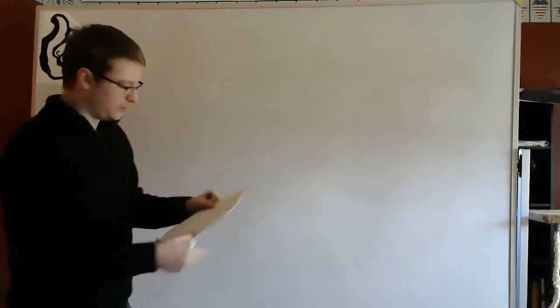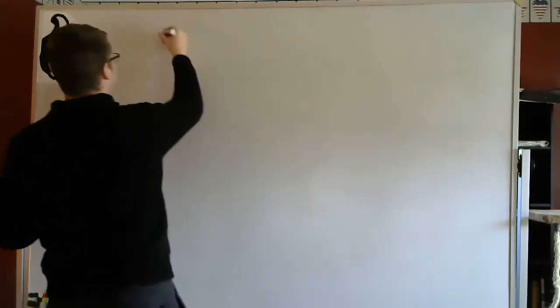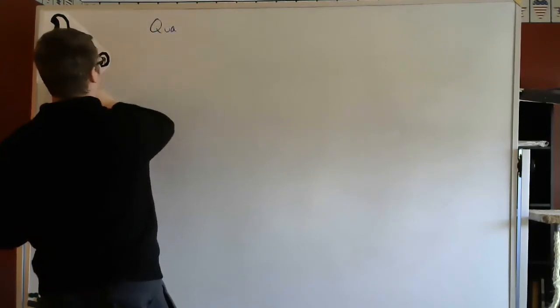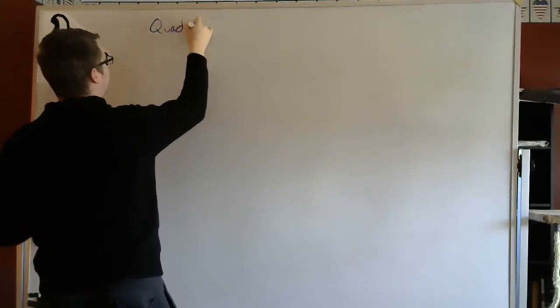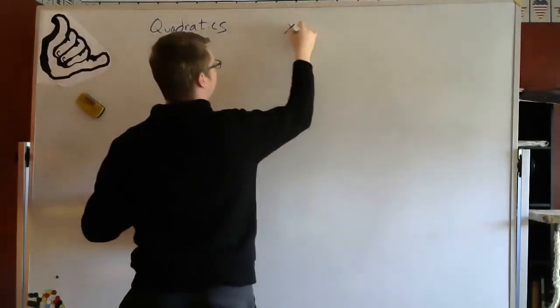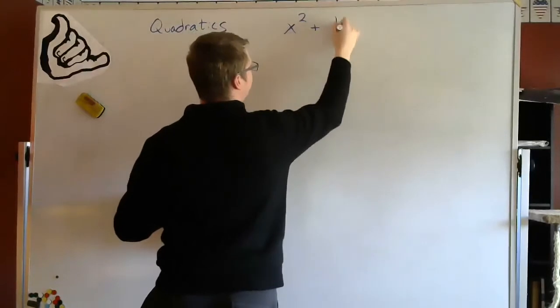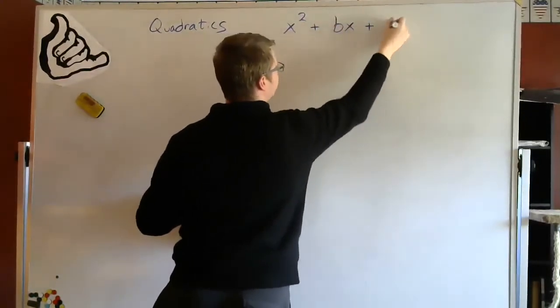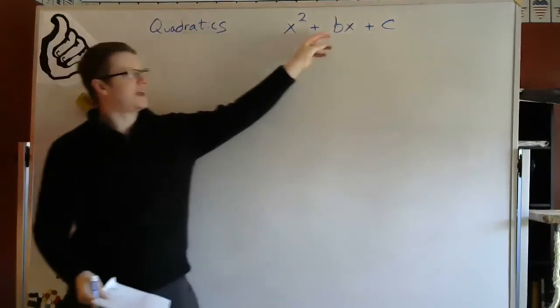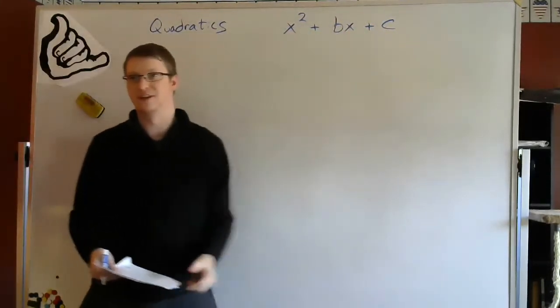So what we're taking a look at is some quadrilaterals. Not quadrilaterals. We're looking at quadratics. Quadratics being x squared plus something x plus something else. So we have an x squared term, we have an x term, and we have just this constant at the end.